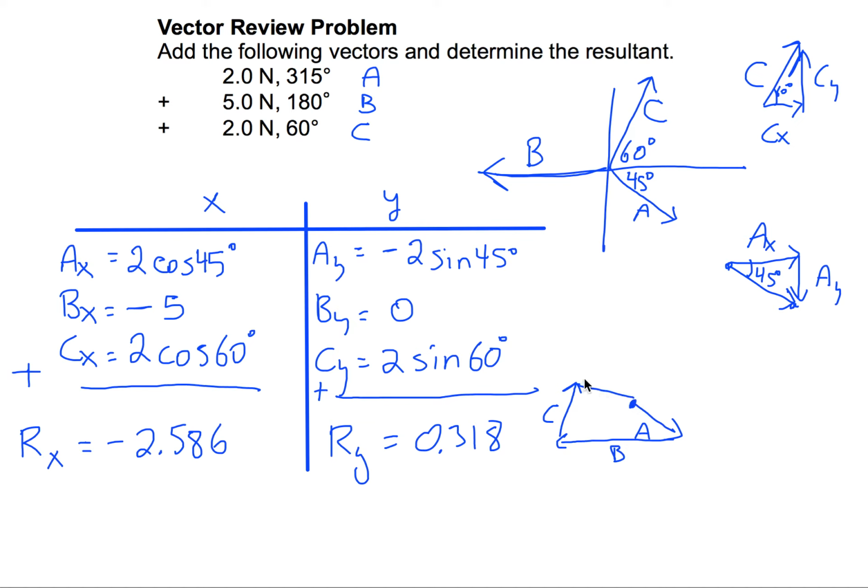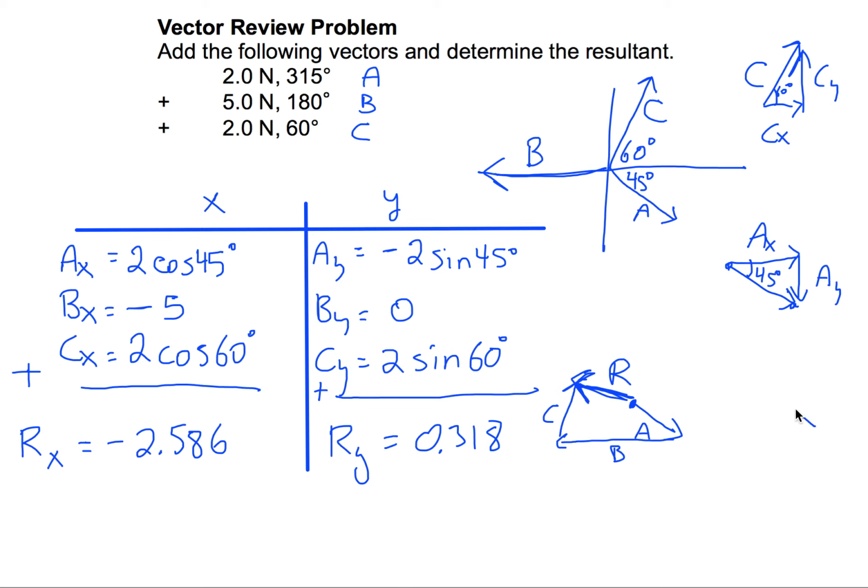So this vector right here would be the resultant vector. And what I found by separating the x and the y components is the x and the y components of this resultant vector.